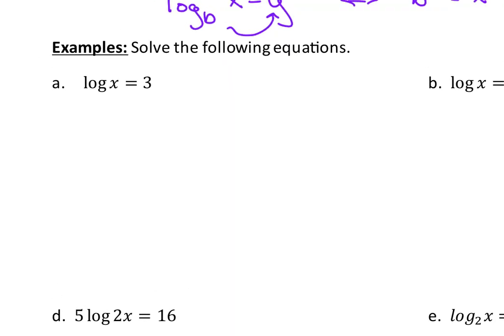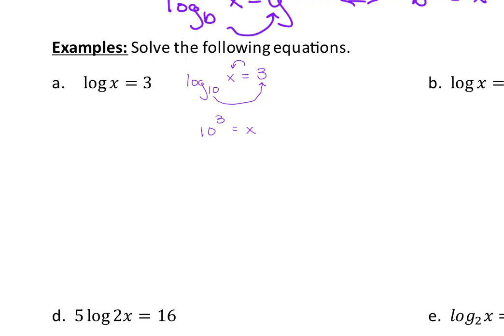All right, example A, we have log of x equals 3. The first thing that I'm going to do is rewrite this with a base. This is a common log, so this is log base 10 of x equals 3. And then we can do our around the world. So we get 10 to the third is equal to x.